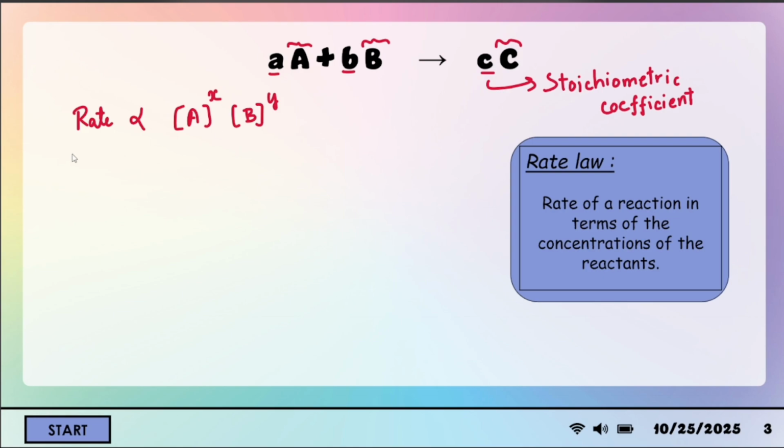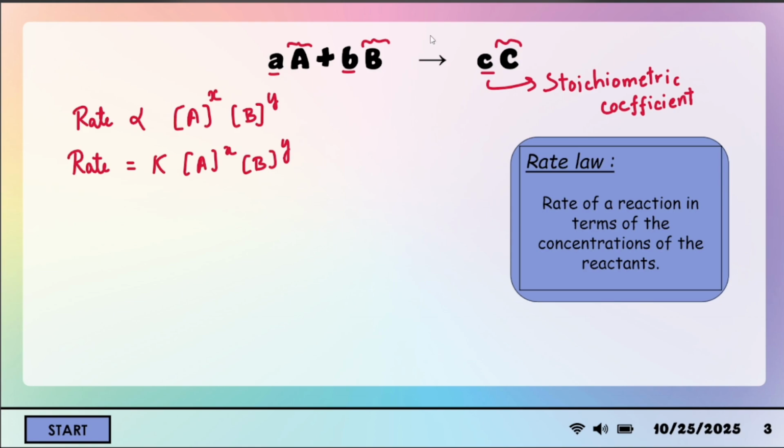Okay, now to remove the proportionality symbol, I'm going to equate it with the proportionality constant K. Rate = K [A]^x [B]^y. So this will be the rate law expression for this reaction.